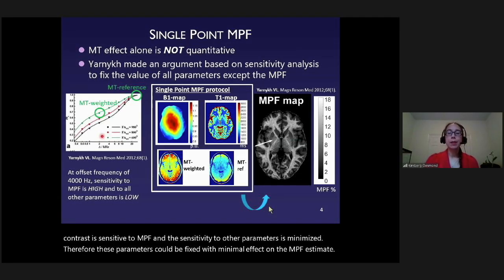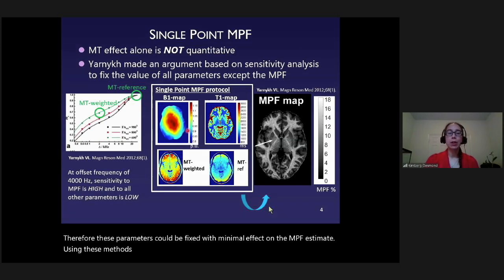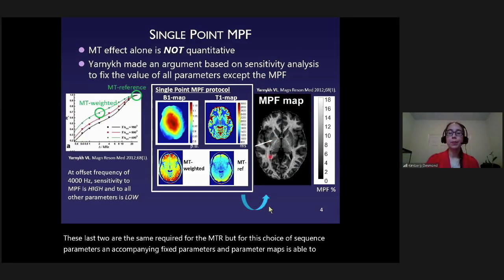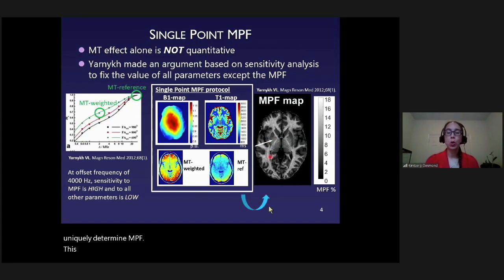Using these methods, if maps of B1 and T1 are available, only 2 additional images are required for MPF mapping, an MT-weighted image and a reference produced with no saturation pulse. These last 2 are the same required for the MTR, but for this choice of sequence parameters and accompanying fixed parameters and parameter maps, it is able to uniquely determine MPF.